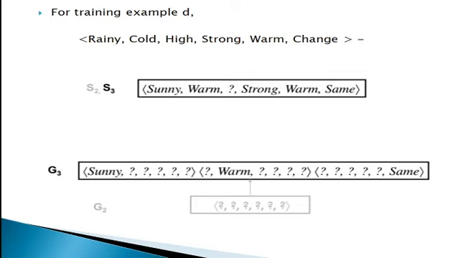That's why we are excluding this hypothesis, that is question mark, normal, question mark. It is not included in G3 because it is inconsistent with the previously encountered positive example. That's why I am not including it in G3.